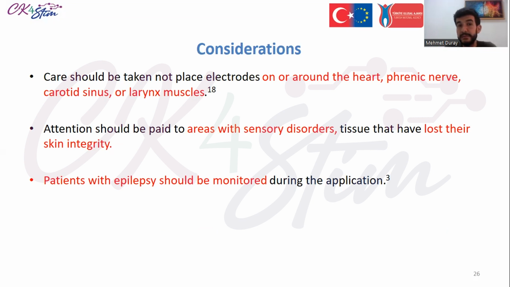Care should be taken not to place electrodes on or around the heart, phrenic nerve, carotid sinus, and laryngeal muscles. Attention should be paid to areas with sensory disorders, tissue that has lost skin integrity, and if you treat a patient with epilepsy, the patient should be monitored during application.